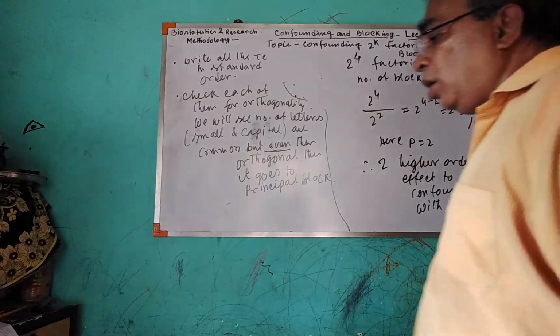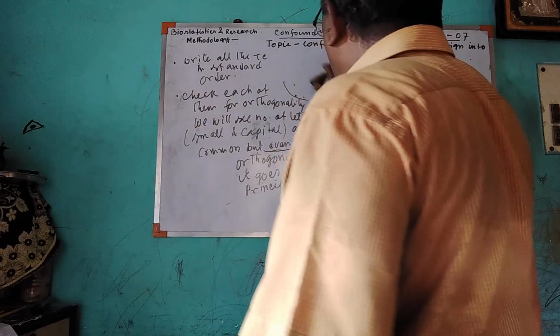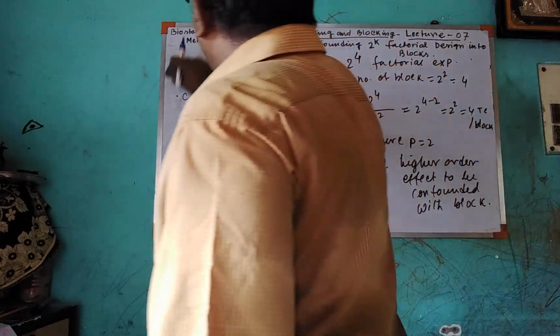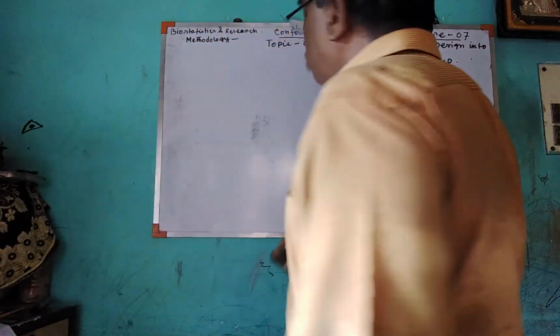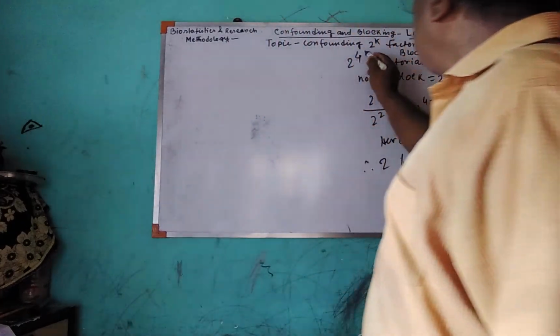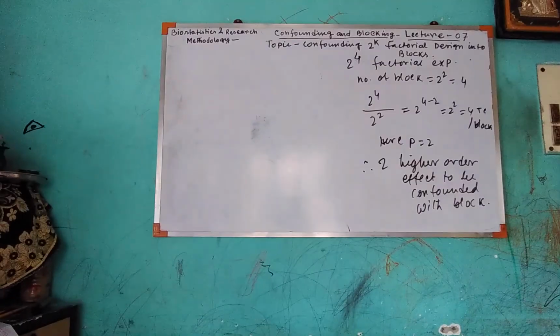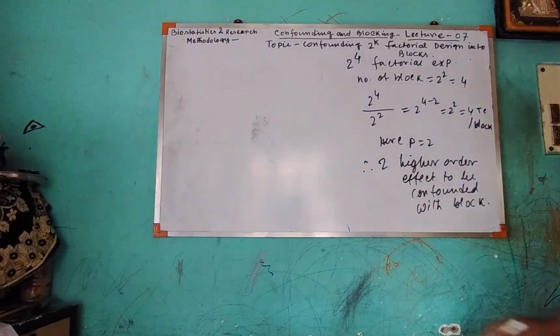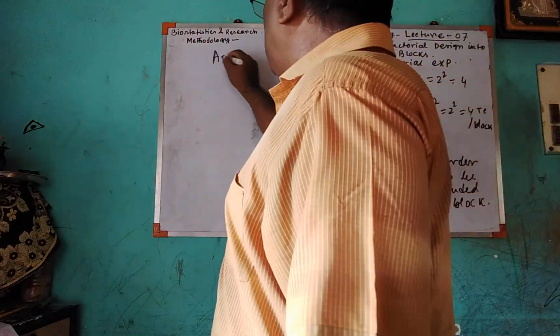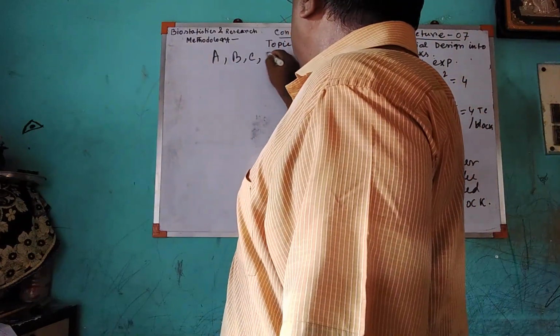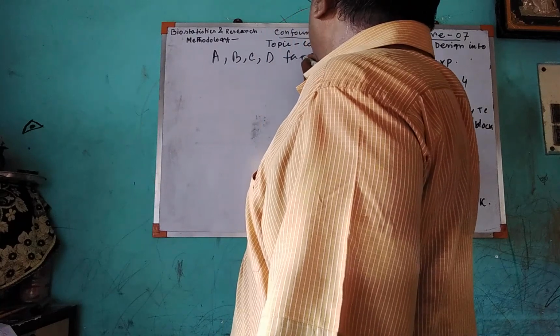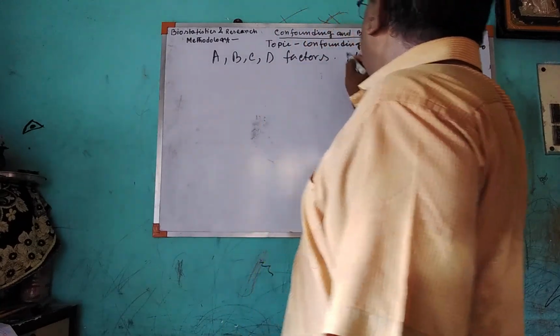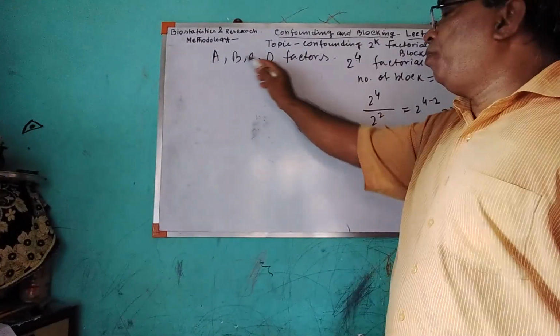In 2 to the power 4 there are 4 factors, say A, B, C, D. How many factors in a 2 to the power 4 factorial design? 4 factors.